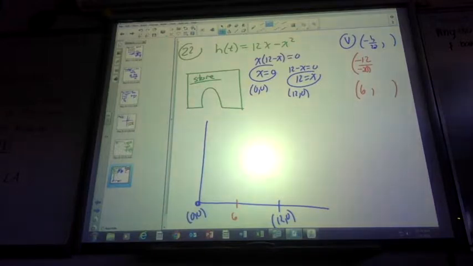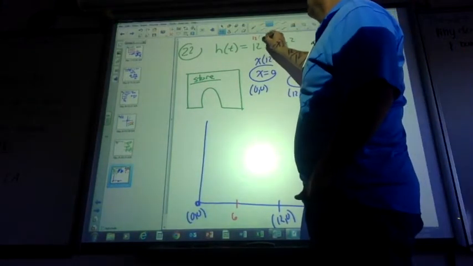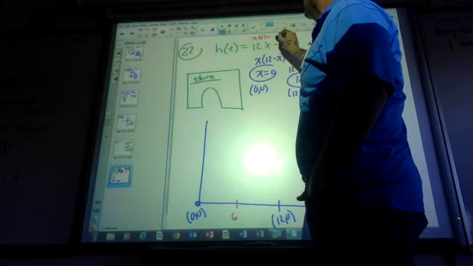What's my original equation say? Does it say y equals? No, it says h at t. So h at t means height. So how am I going to find the height of my vertex? Plug it in. Good. So you get 12 times 6 minus 6 squared.